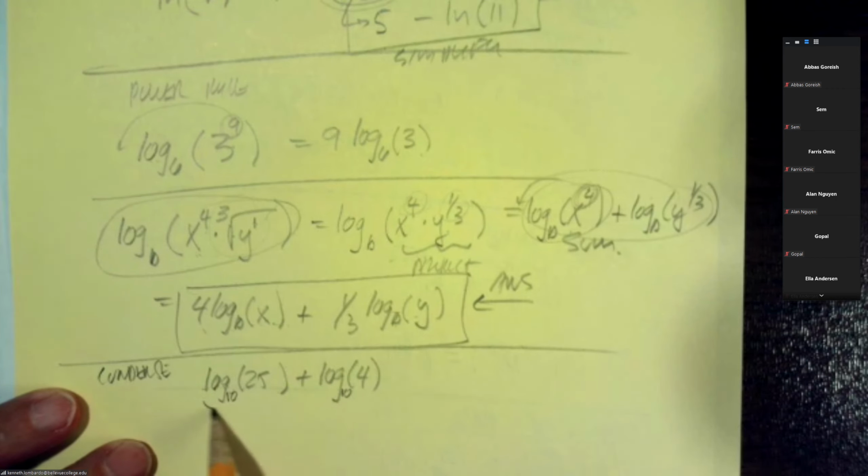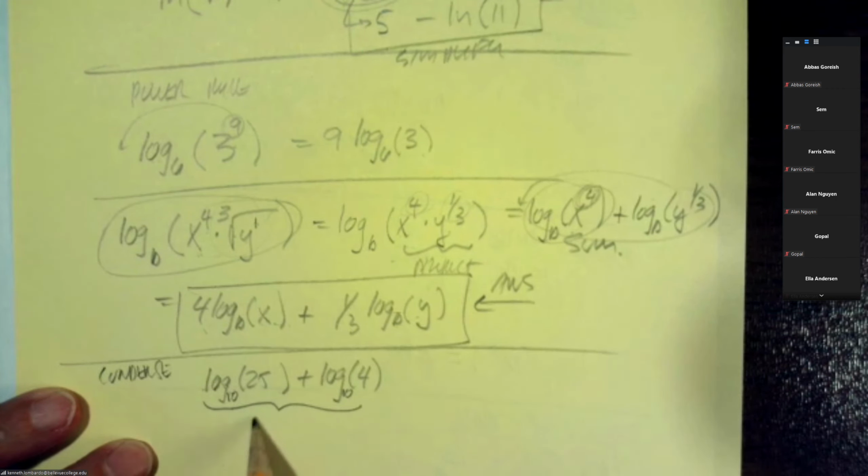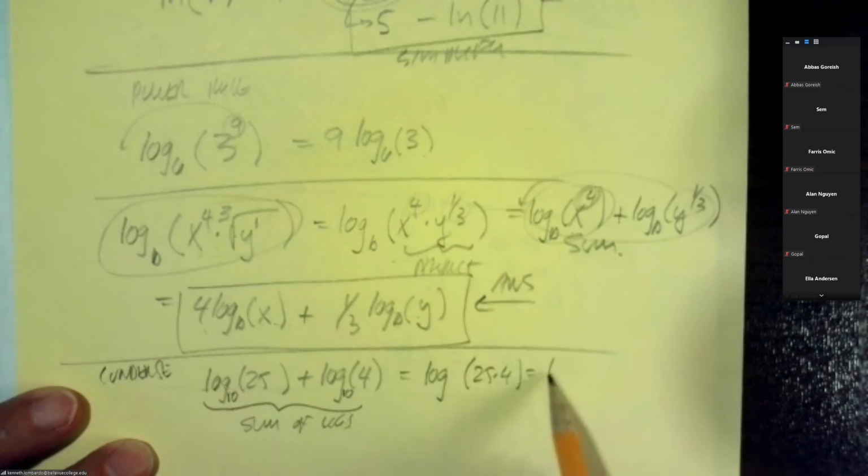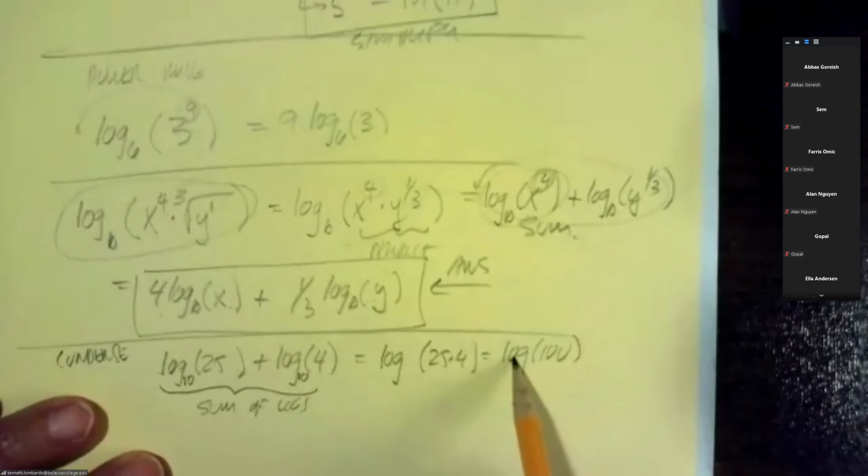So if I'm going to condense this from a sum of logs to a product, I'm going to say that looks like log of 25 times 4, which looks like log of 100. And again, we want to simplify. So we know that this log is base 10.